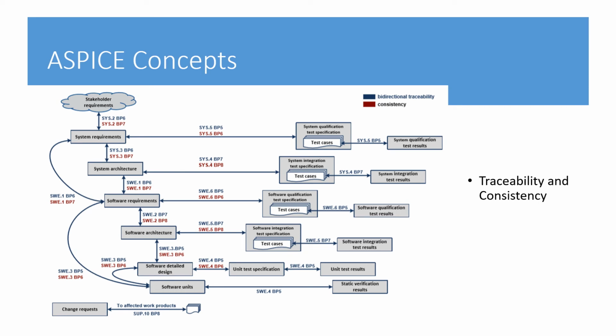If you observe this diagram in detail, you can see how the stakeholder requirements and system requirements are internally connected, and how we have to establish bidirectional traceability and consistency.